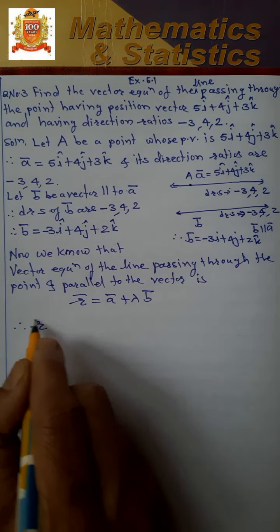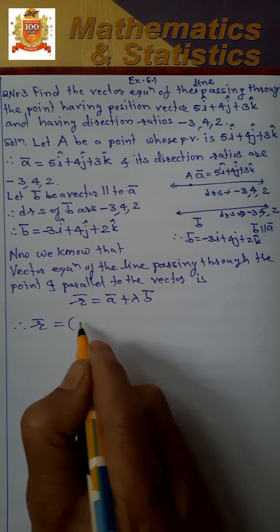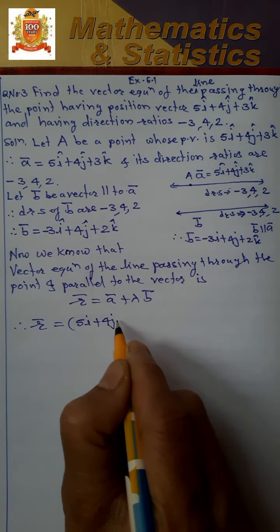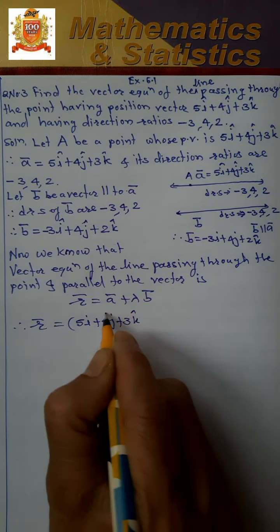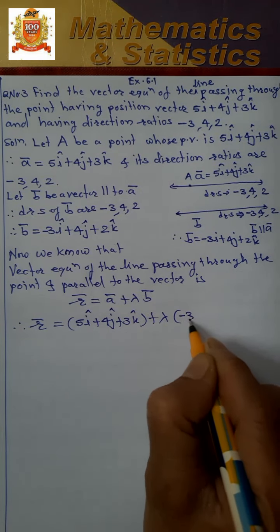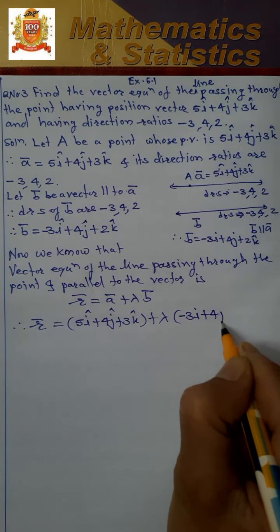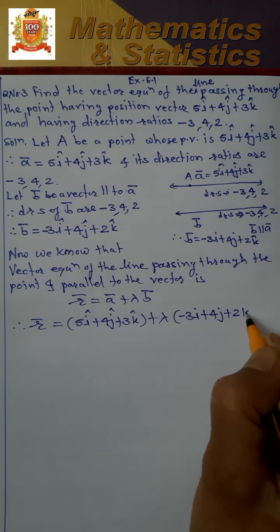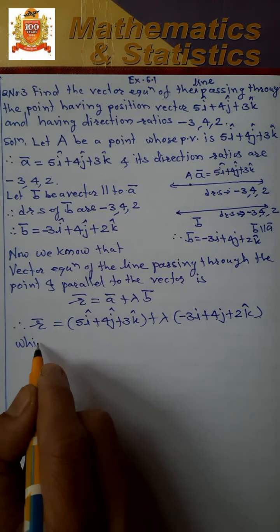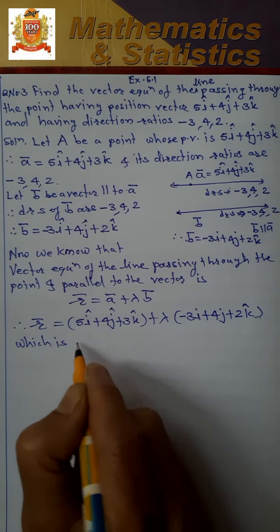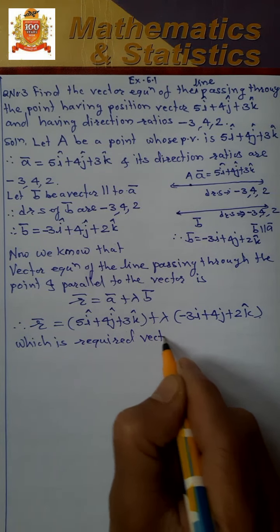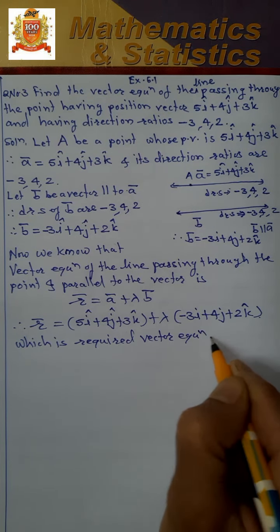Therefore, r bar is equal to 5i plus 4j plus 3k plus lambda in bracket minus 3i plus 4j plus 2k, which is the required vector equation of the line.